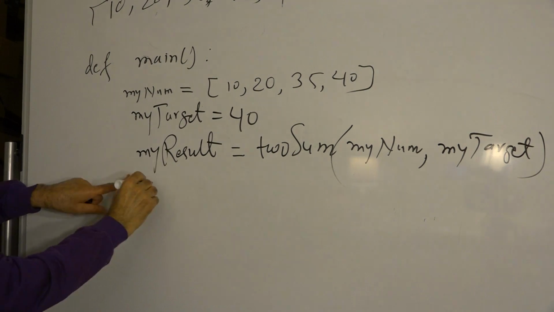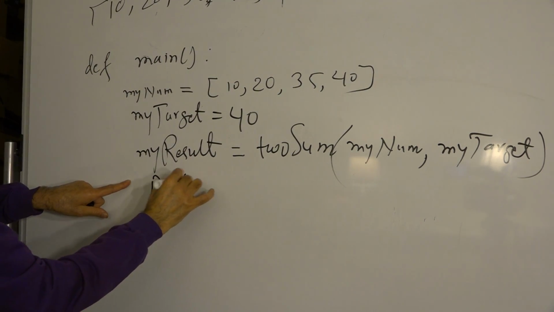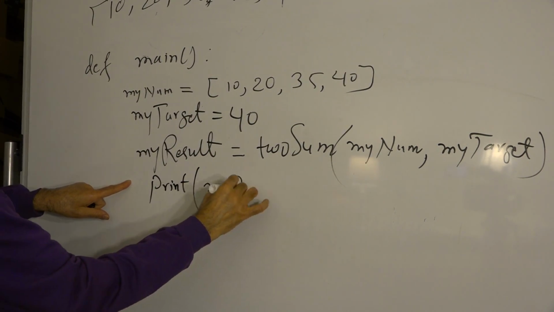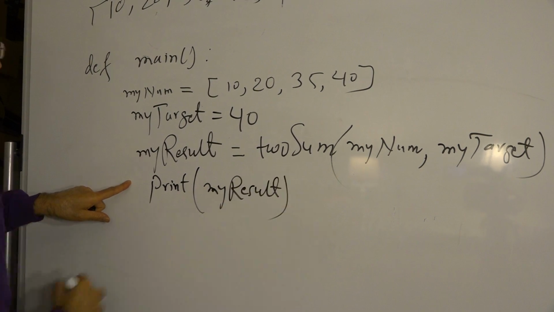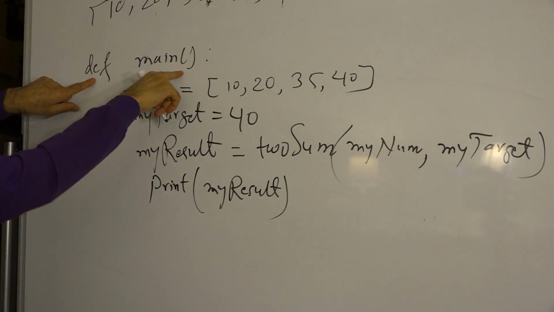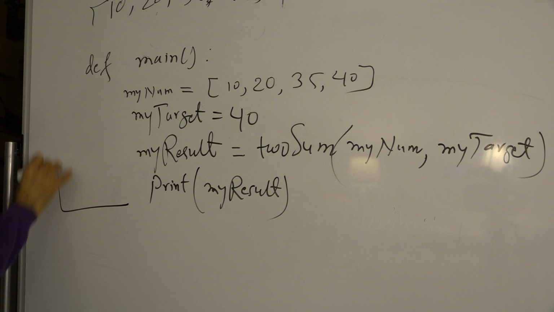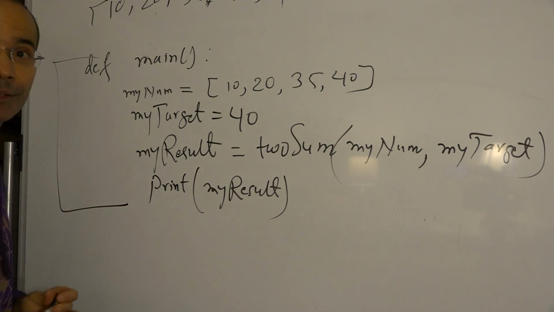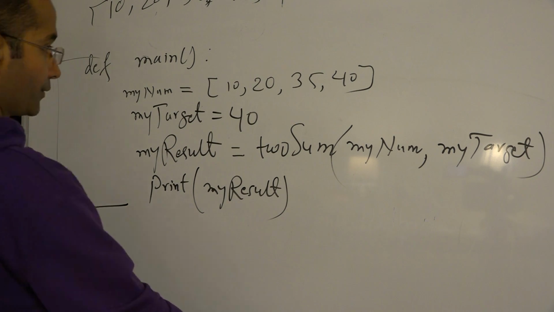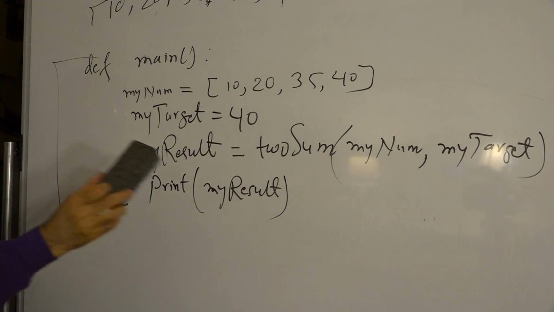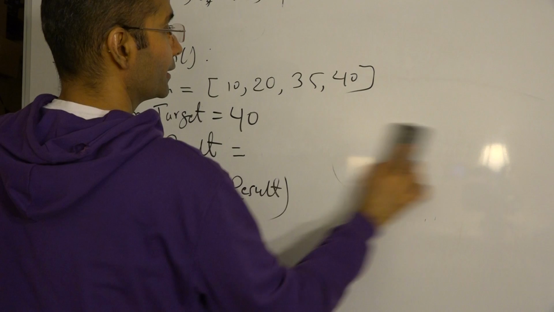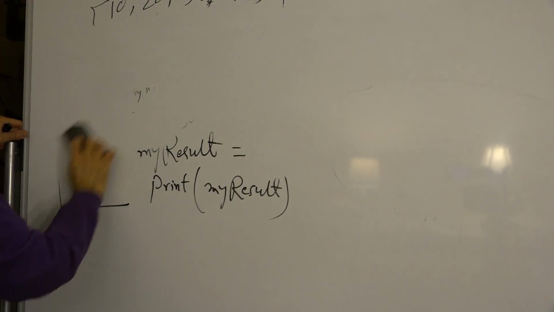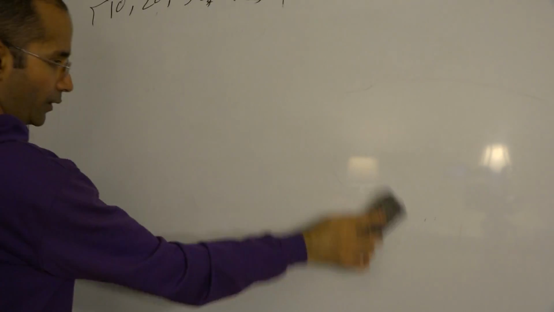Right? I get the result, and then I print result. That's it. This is the main function, and there is a way to call it actually. Okay. I'm going to erase this now and actually write a function to call it.